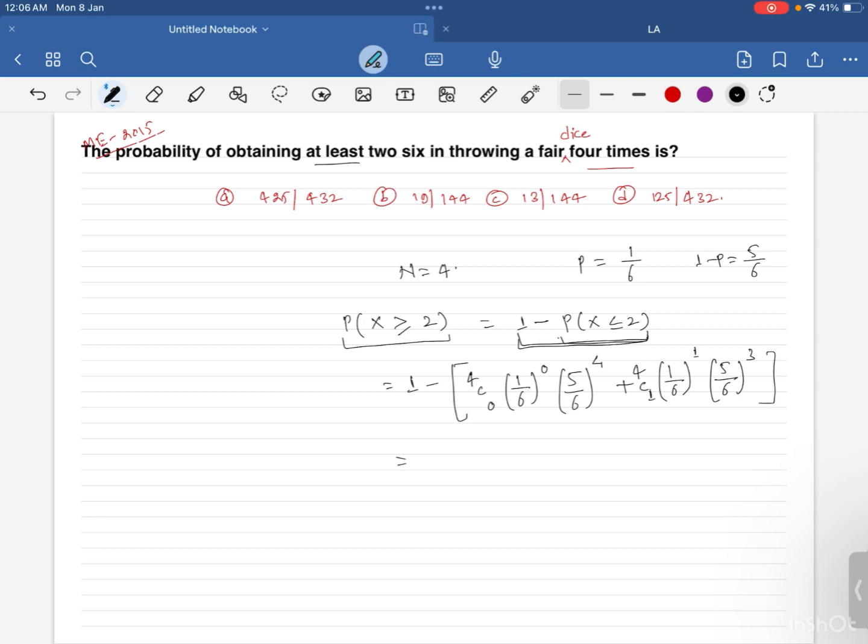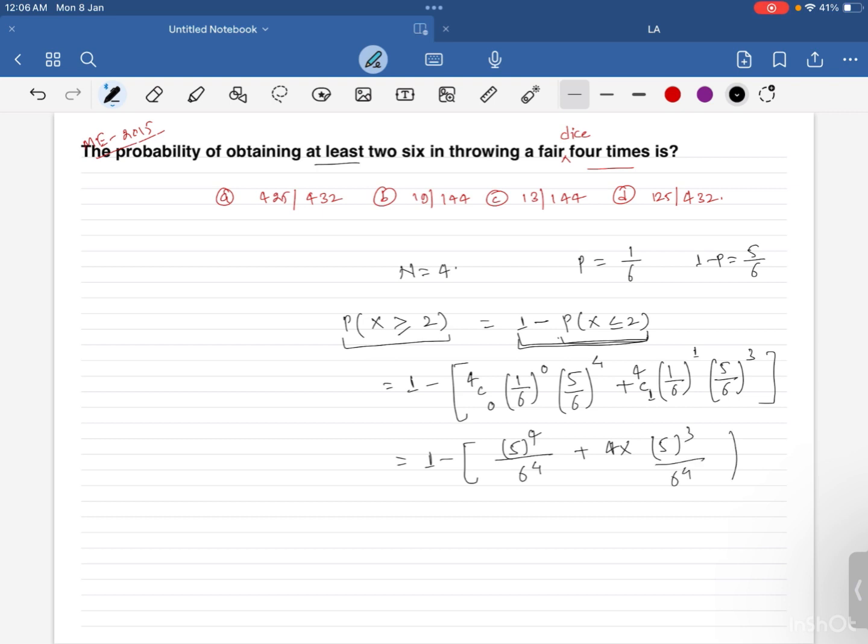Now you can carry out this calculation, so let me do that. So 1 minus 4 factorial divided by 4 factorial, that is going to be 1, times 5 to the power 4 divided by 6 to the power 4, plus 4 factorial divided by 3 factorial, that is going to be 4, into 5 to the power cube over 6 to the power 4.